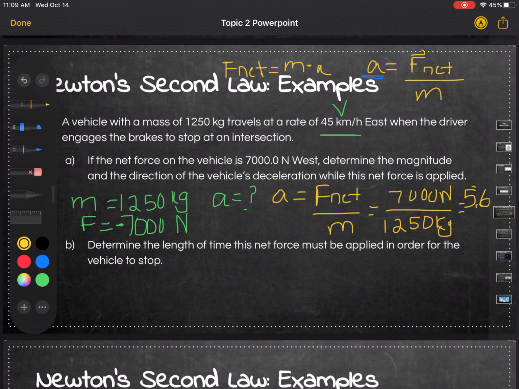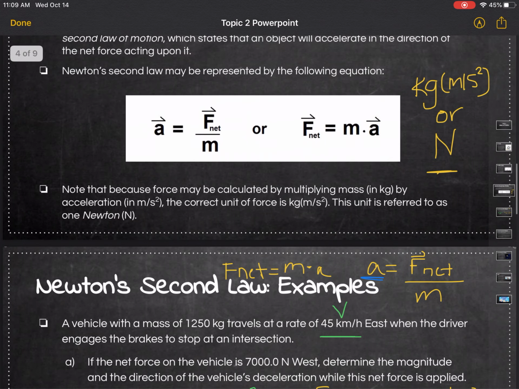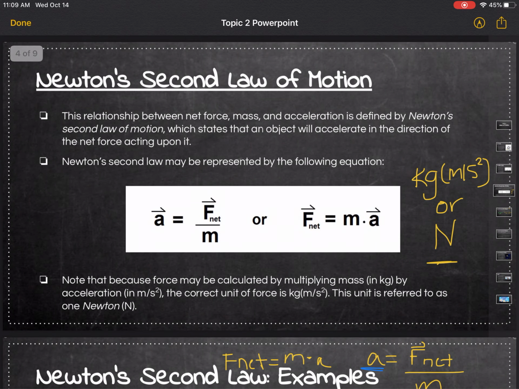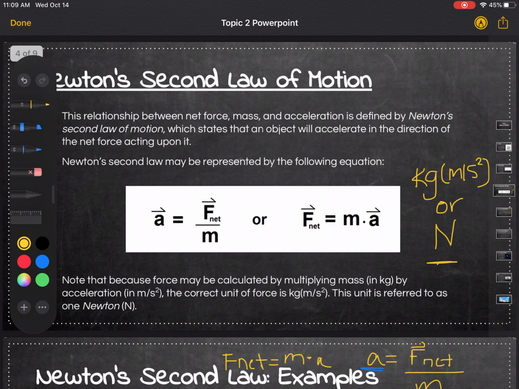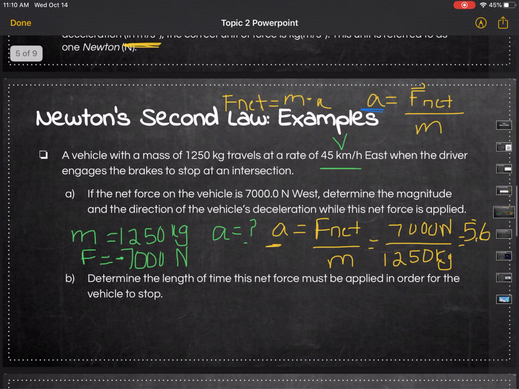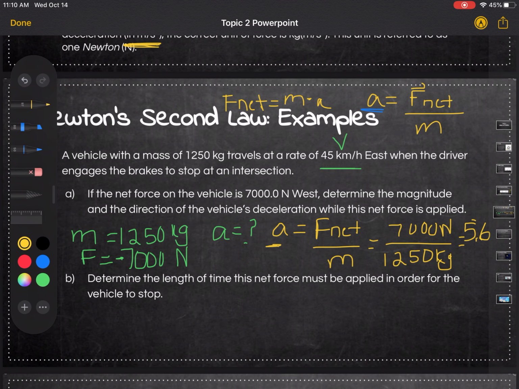So that's 5.6. And our units for this, it is acceleration. So our units for acceleration, if you don't remember, we can go back to over here. It says that our units for acceleration are meters per second squared. So that's what we're going to write here. So meters per second squared.